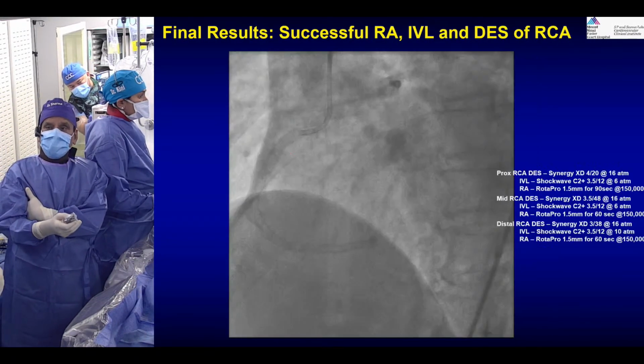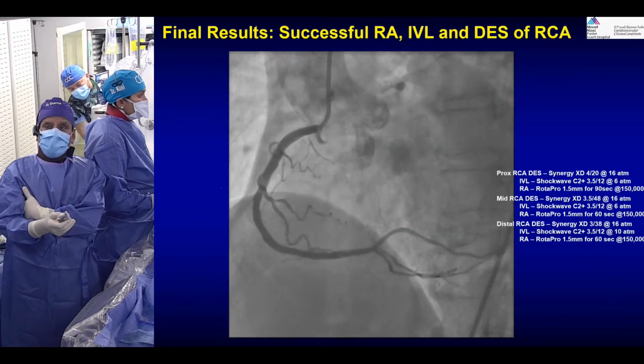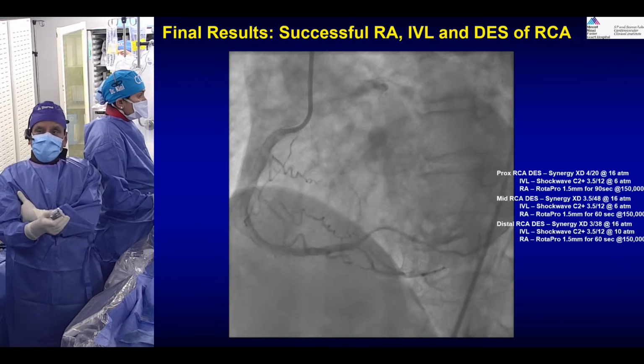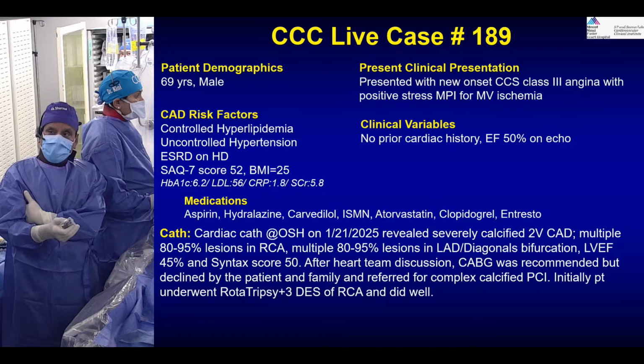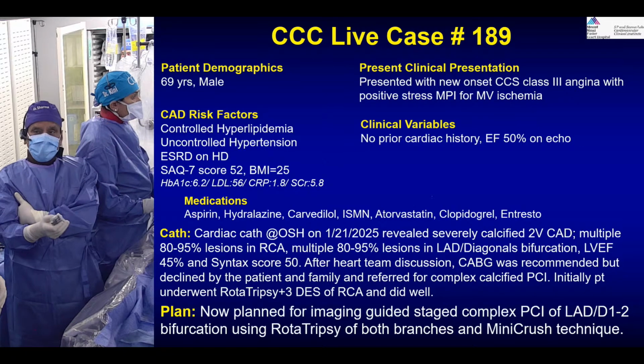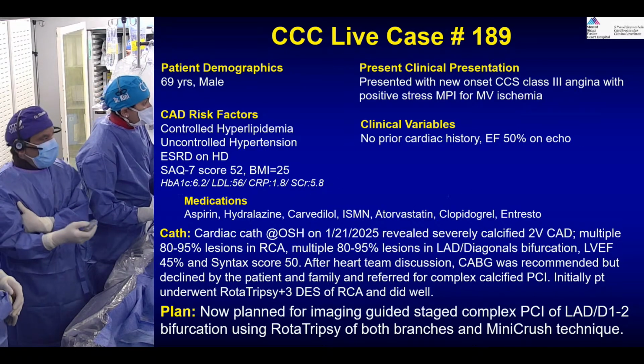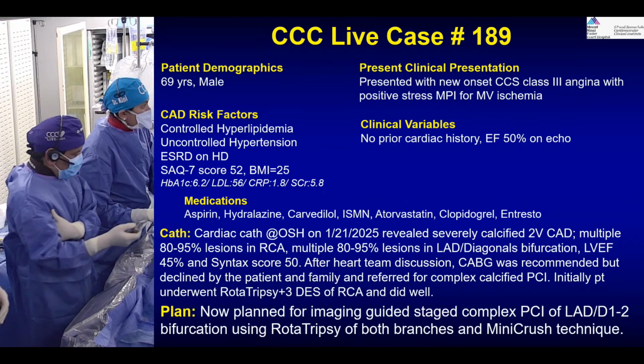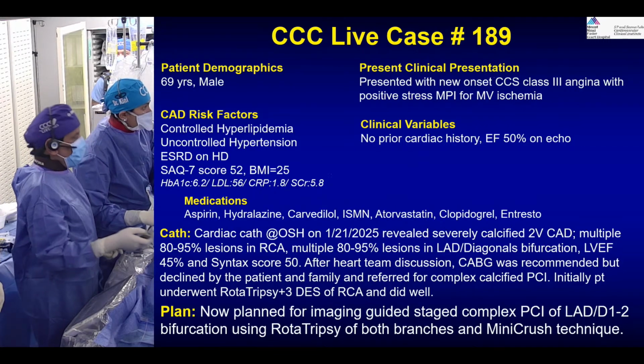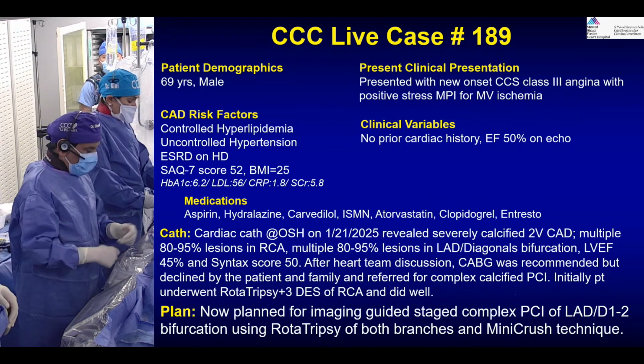We used 8 cycles, finally it opened up, and this was the final result. An excellent result for a calcific lesion, taken care of by a multiple-strategy RotaTripsy with the 3DS, and now we planned the bifurcation RotaTripsy. With that note, Anu will show what we have today.